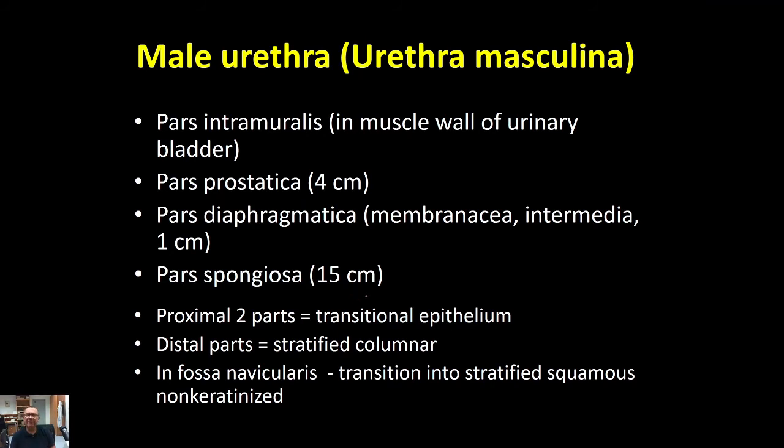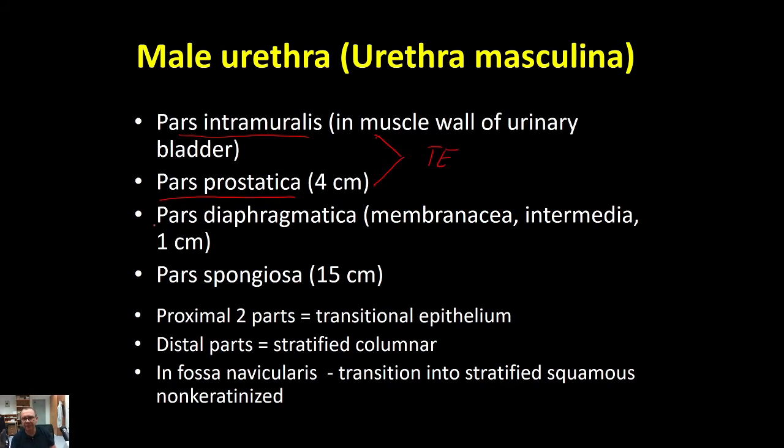Male urethra is much longer than female urethra, of course, and so it has more parts. We distinguish 4 parts of male urethra, urethra masculina: short pars intramuralis, then pars prostatica, which is going through the prostate, and both these parts are lined with transitional epithelium.